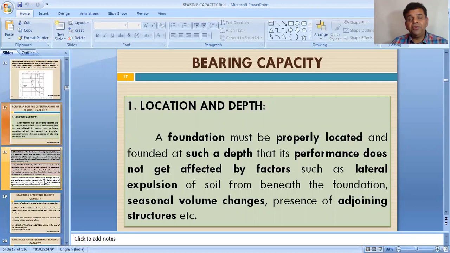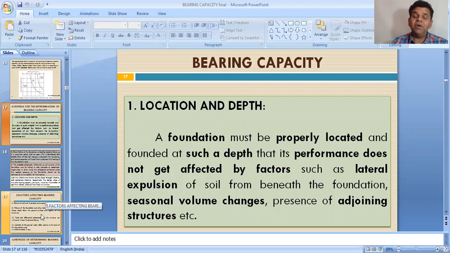So out of the two, the shear failure criterion and the settlement criterion, whichever gives the lesser value of bearing capacity has to be taken into consideration for the calculation of the different sections of columns or any other criteria while designing. Because if the calculations of the bearing capacity are wrong, it is very difficult to say whether your structure is going to be safe in future or not.